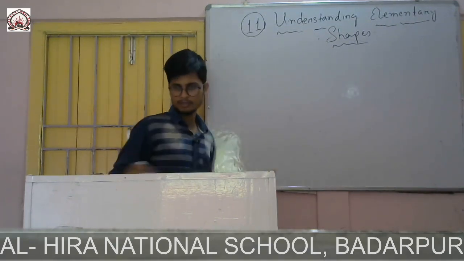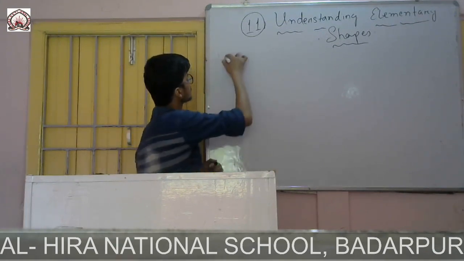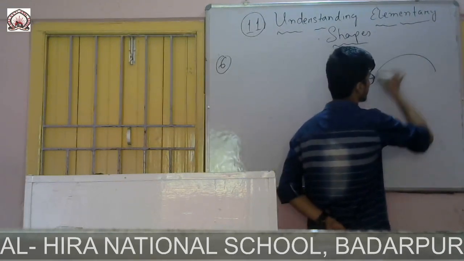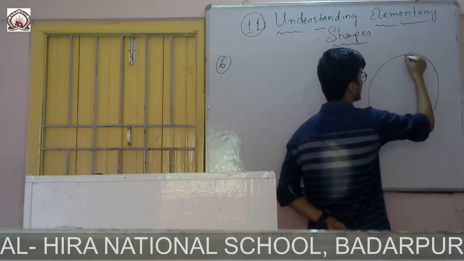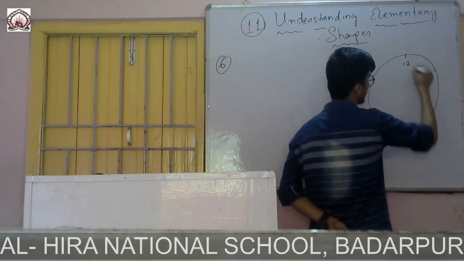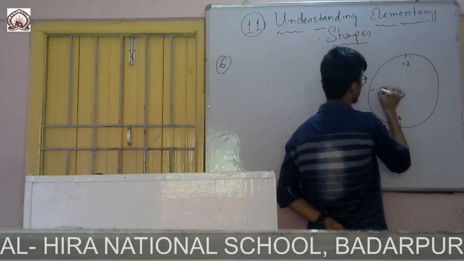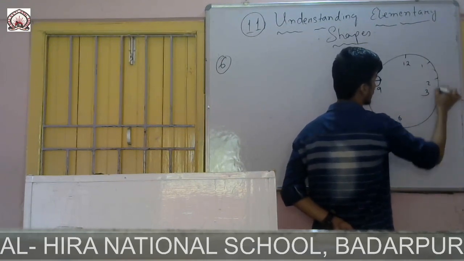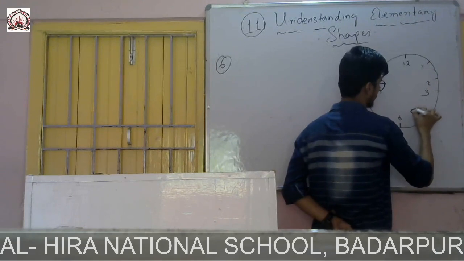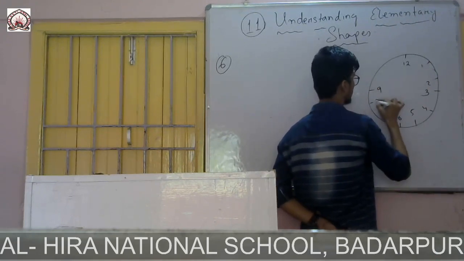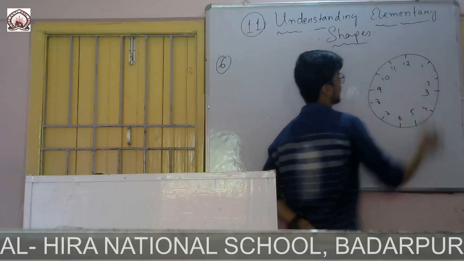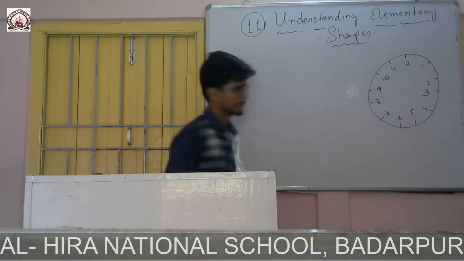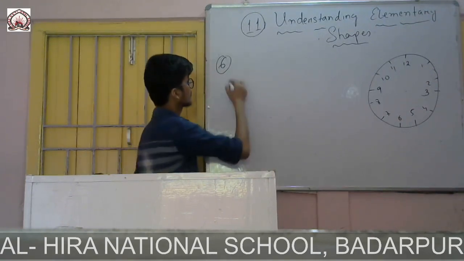So first of all, let me draw the clock. There it is 12, there it is 6, there 9, there 3, there in the middle 1 and 2 will be there, there 4 and 5, there 7 and 8, there 10 and 11. So this is the clock and this is its middle point.